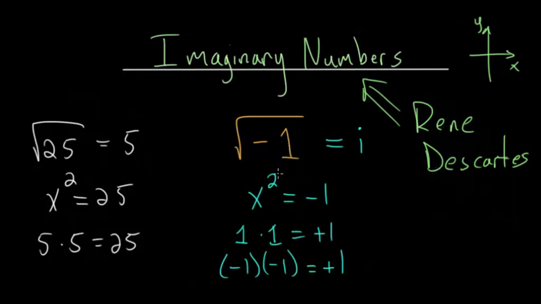He thought they were either nonsensical or fictitious, but he knew they had important uses because they worked in the solution of cubic equations, though nobody really understood why they worked, and they do kind of seem like nonsensical numbers. So at the time, probably around 1640 or so, these things were not very well liked.